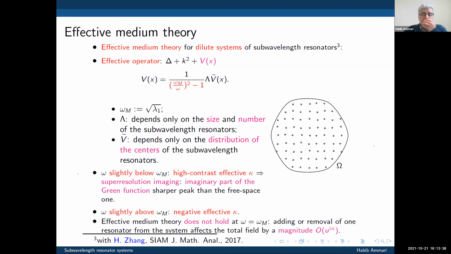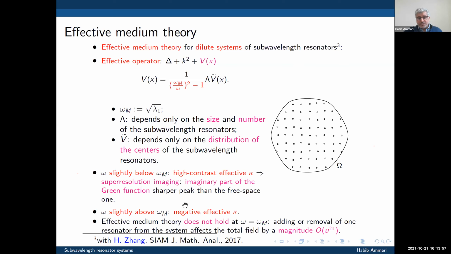Okay. Now, how about considering a dilute system of subwavelength resonators? Because as I said, metamaterials are composites. They are made out of these resonators. So let's consider this dilute system of subwavelength resonators.